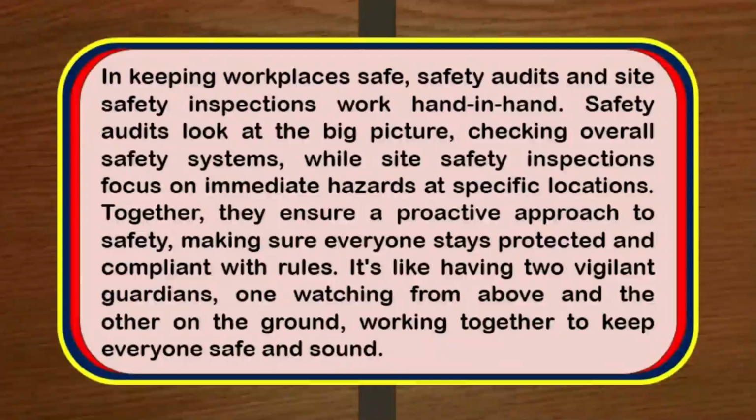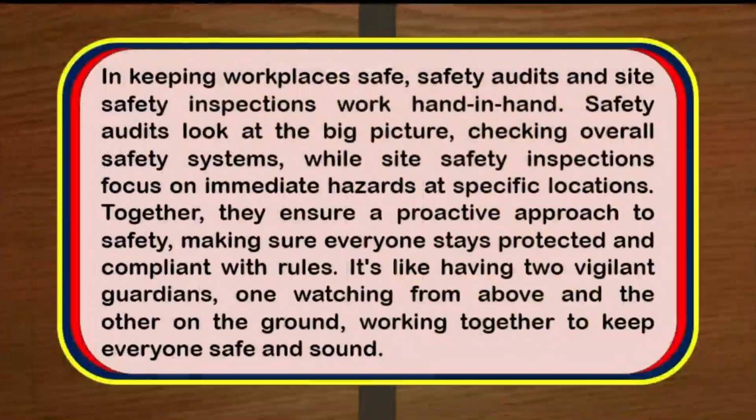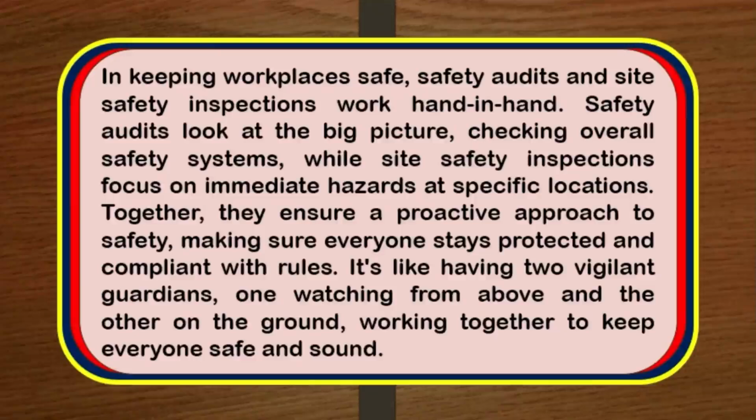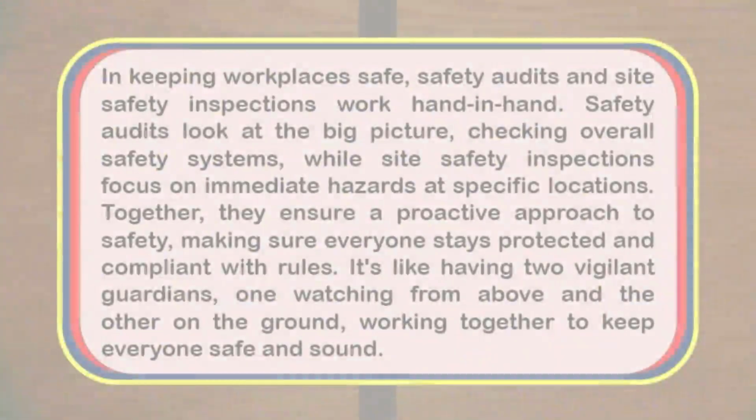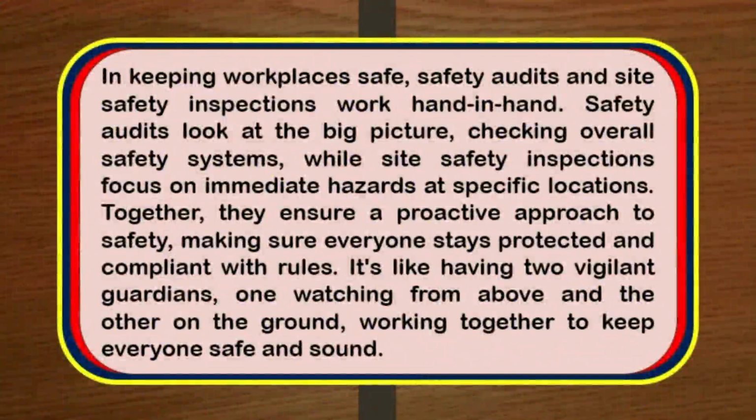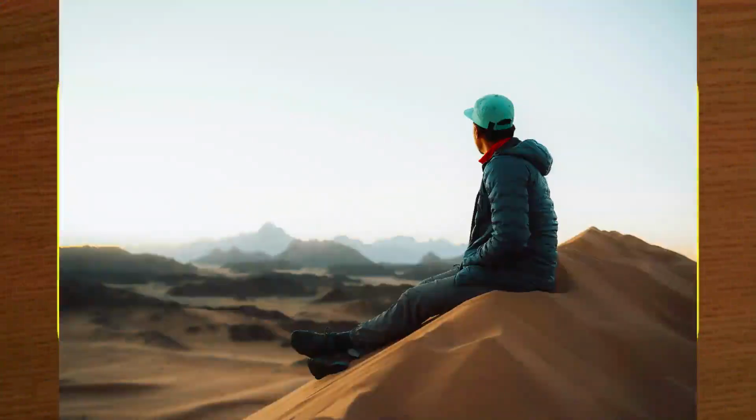Let me conclude this presentation. As a summary, you need to understand that in keeping workplaces safe, safety audits and site safety inspections work hand in hand. Safety audits look at the big picture, checking overall safety systems, while site safety inspections focus on immediate hazards at specific locations.